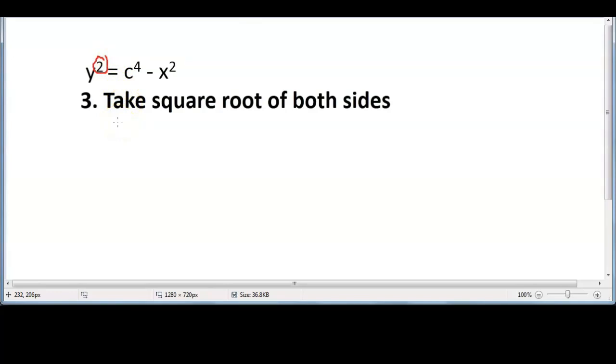So this means that the relationship is a square. So we're going to take the square root of both sides, because the opposite of a square is square root. Initially we have y squared equals c to the power of 4 minus x squared. So I'm going to take the square root of both sides.